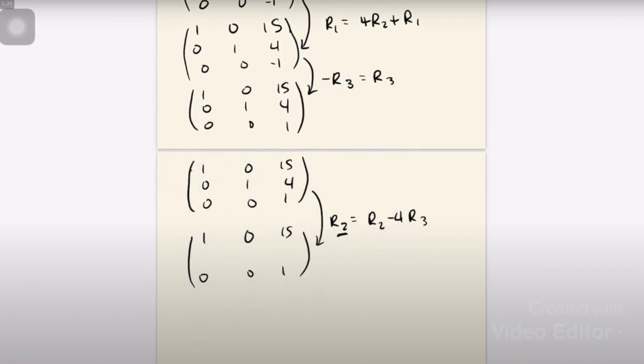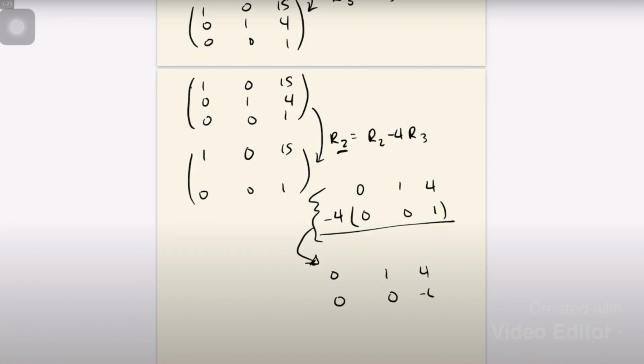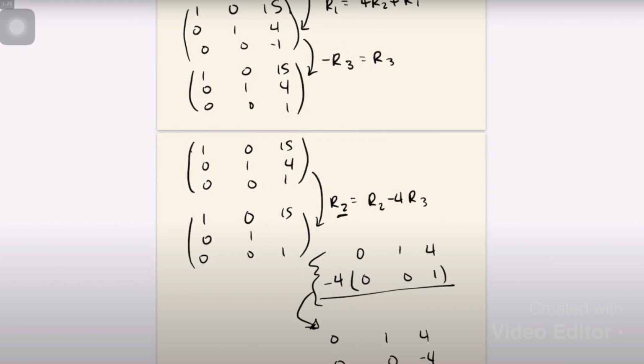Row 2 changes, and row 2 is from 0, 1, 4, negative 4 to row 3. It's gonna become, so this will be 0, 1, 4, 0, 0. This whole thing will be negative 4. Okay, now we add these together, we get this. So now our row 2 is 0, 1, 0.